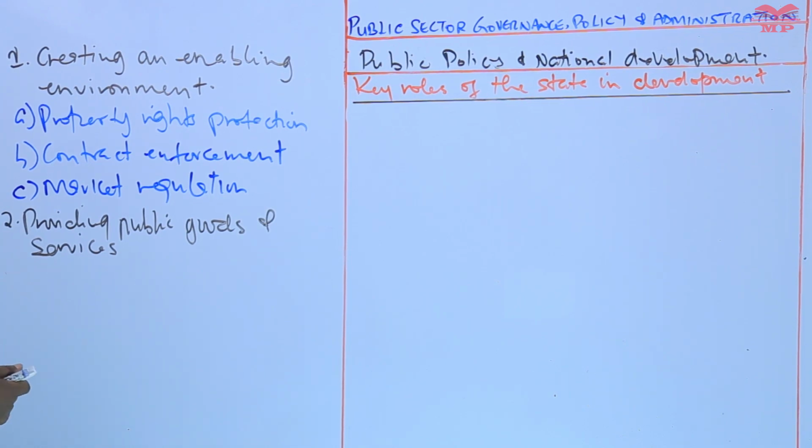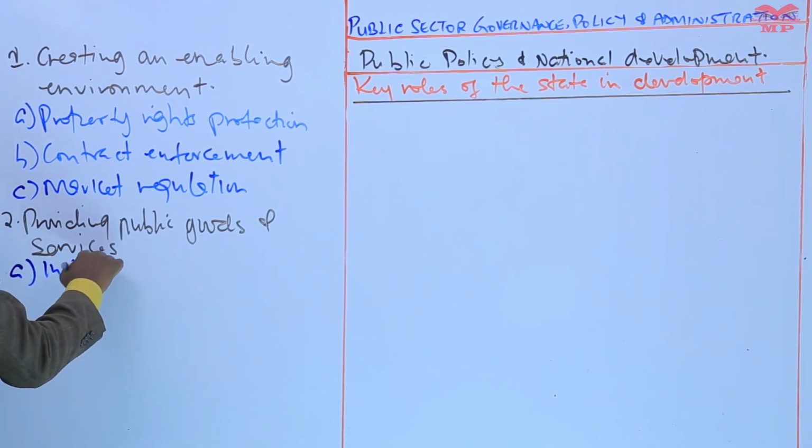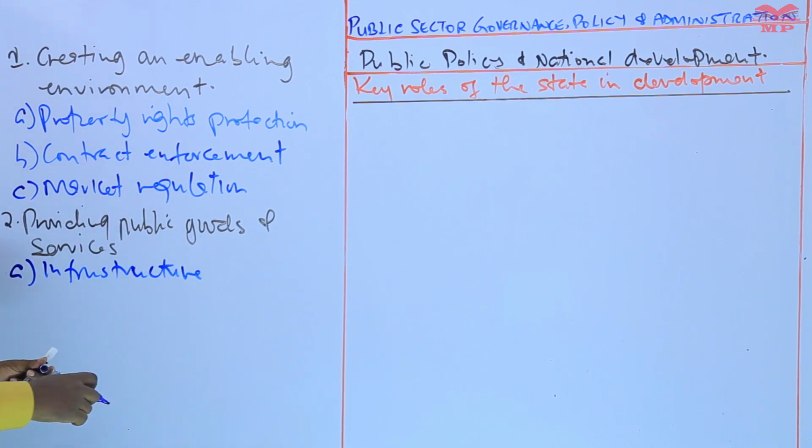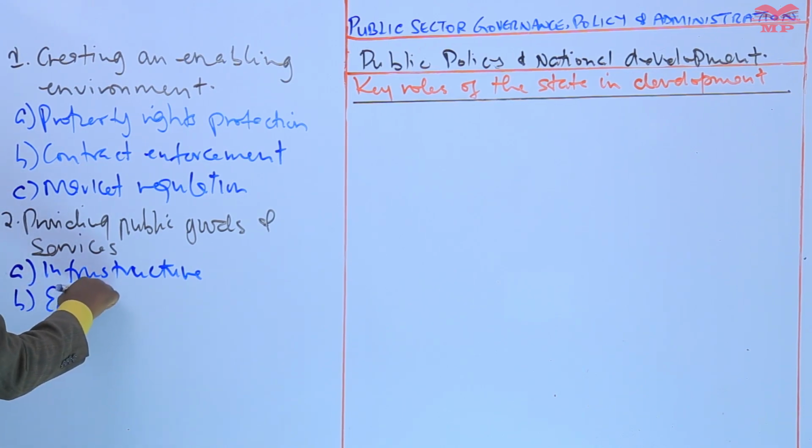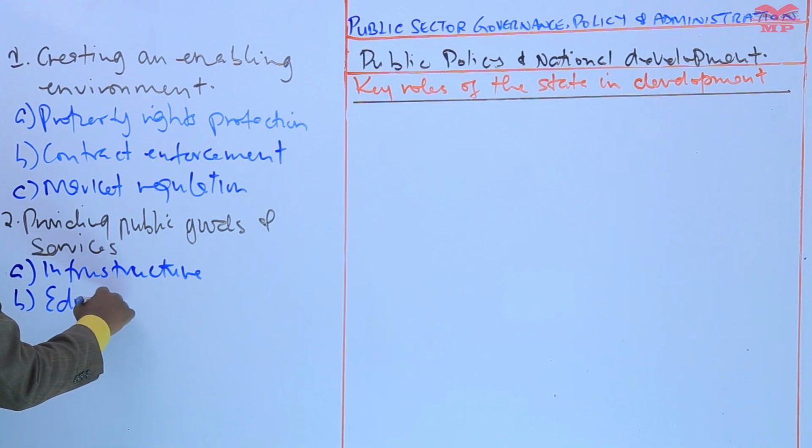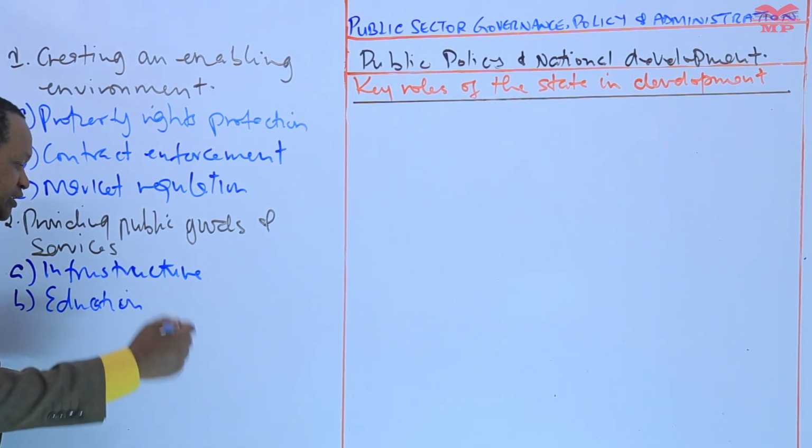And that includes provision of infrastructure, building and maintaining roads, bridges, ports, airports, and other critical infrastructure. Two, provision of education, that is to say, providing access to quality education and training in order to develop human capital.